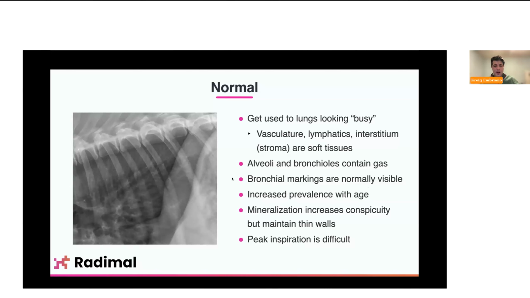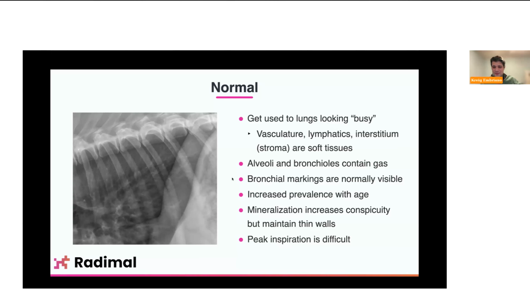You can also see it more commonly in dogs with endocrine disorders. So hypothyroidism is one, and Cushing's is another that commonly have bronchial wall mineralization. They're not clinically relevant. So what we want to do is make sure that we're differentiating thin mineralized walls that are conspicuous but maintain thin margins versus bronchial wall thickening and pathology.